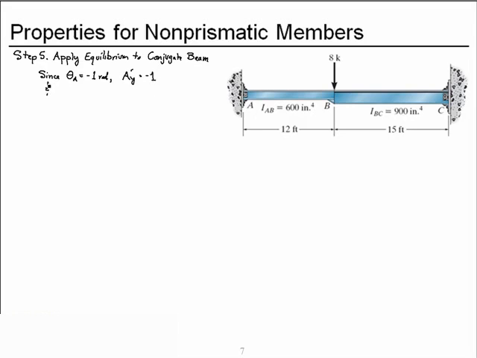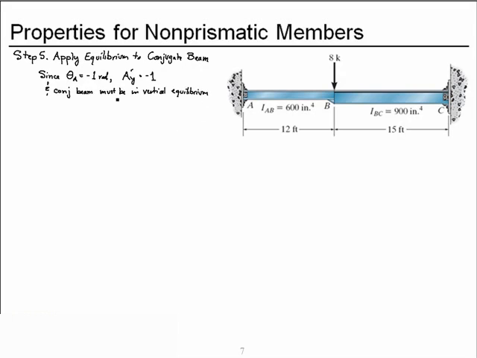And I said even though it looks unstable, the conjugate beam must be in vertical equilibrium. So we're going to write the equation of vertical equilibrium.